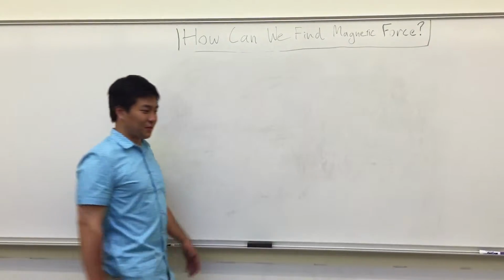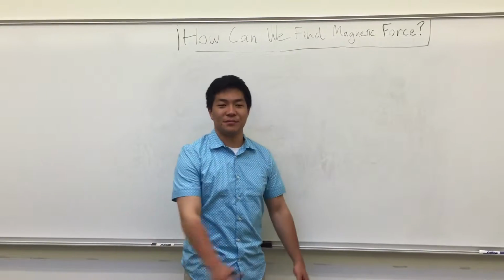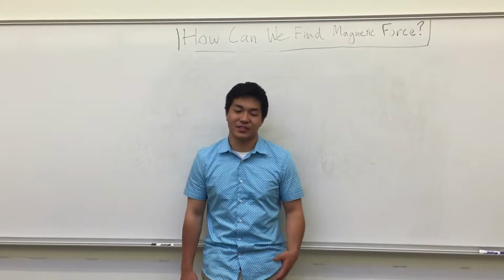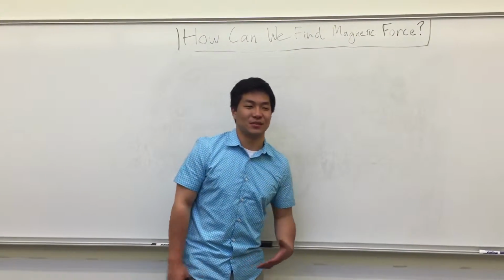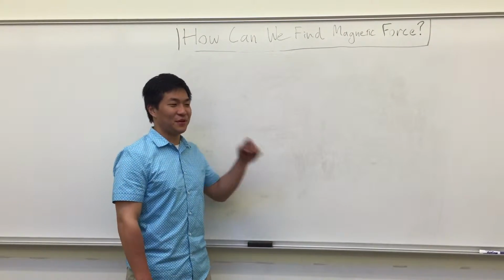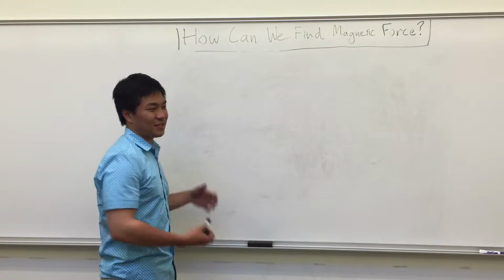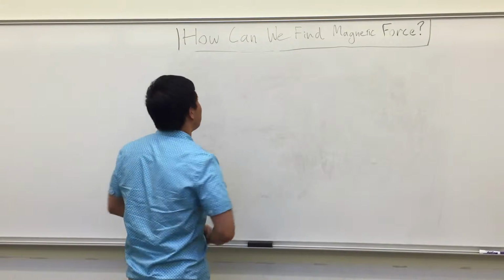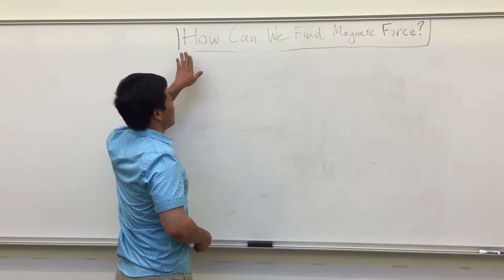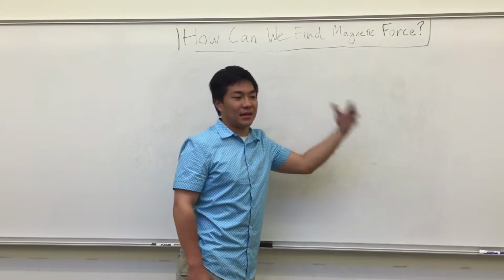Hey guys, so today for this third concept video, we're going to be talking about something that most people can recognize as more mathy or physicsy and soulless, and we're going to be talking about real live equations. Yeah, that's right, real live equations, real mathematics, and it's not just going to be me rambling on and on. So this time we're going to try looking at how we can find magnetic force.